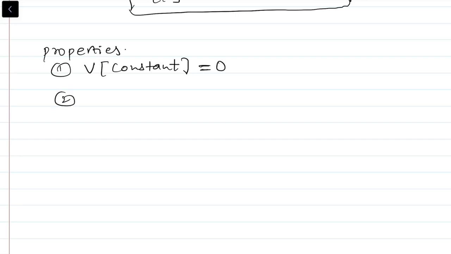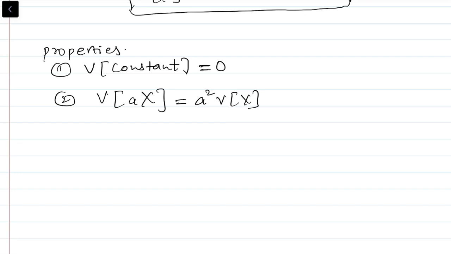The second property is the variance of a constant times the random variable: we can bring this constant outside, like the expectation, but it will come out with a square on its power, that is a square, and then V(X).